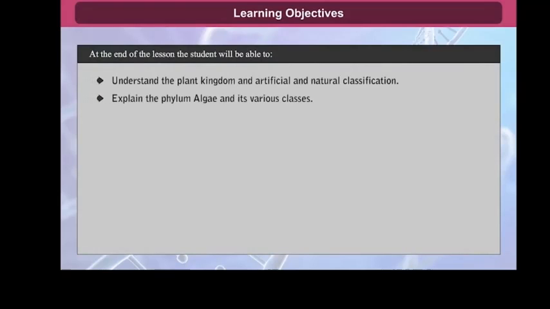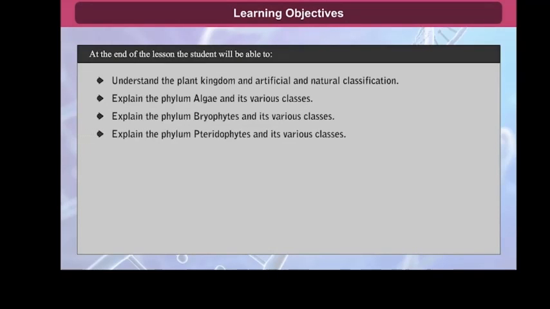At the end of the lesson, the student will be able to understand the plant kingdom and artificial and natural classification. Explain the phylum Algae and its various classes. Explain the phylum Bryophytes and its various classes.